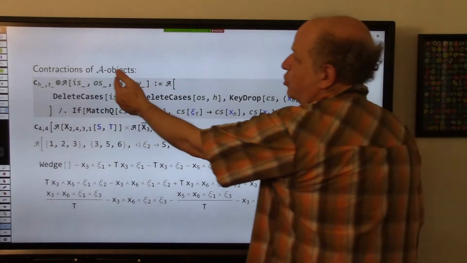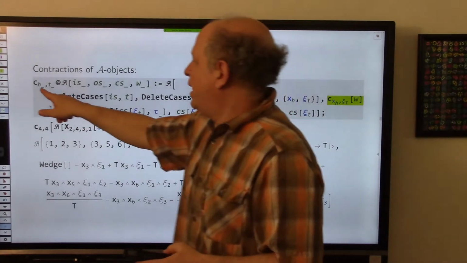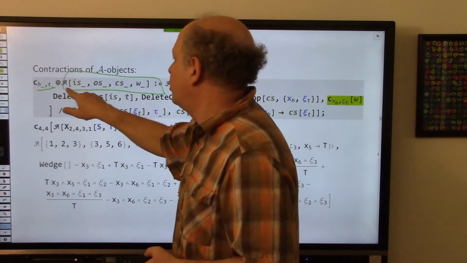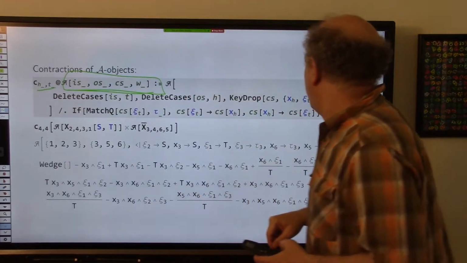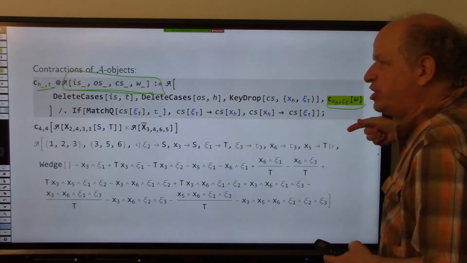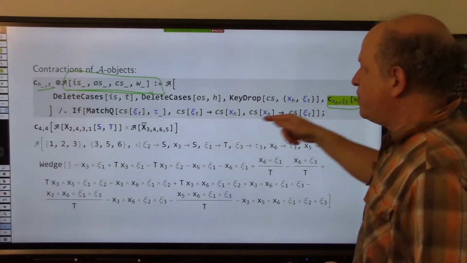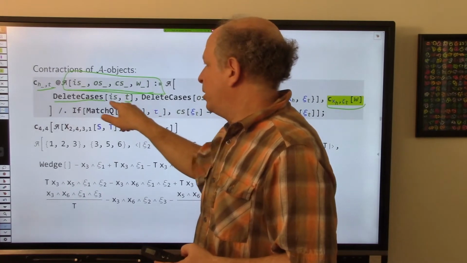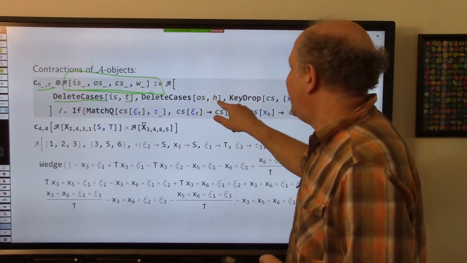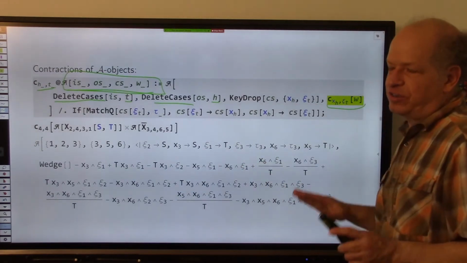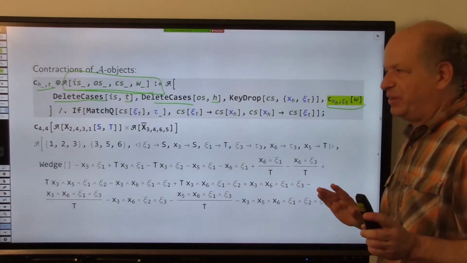And then there is the contraction. So the contraction of an A object works by you contract the payloads, that's the most important thing, and then you delete the T variable from the inputs, you delete the head from the outputs, and you do various other silly renaming things.